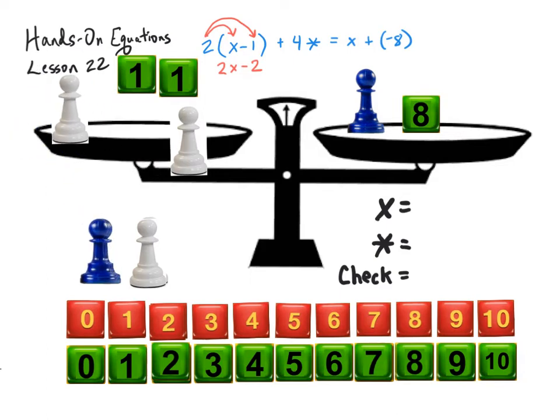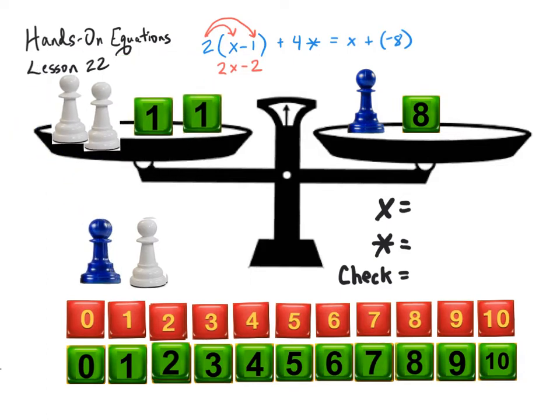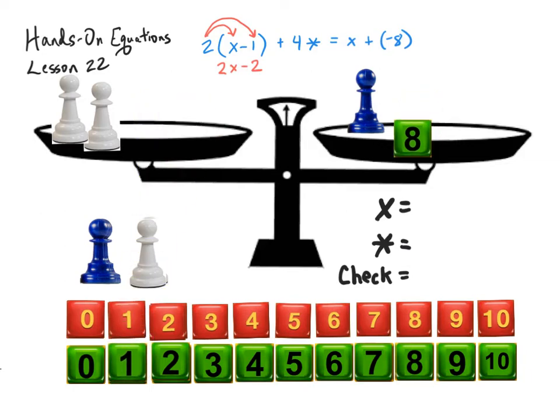Let me now rearrange my setup here. Next, I'm going to remove 2 of the negative 1s from both sides. So I'm going to remove these 2 negative 1s, and then I need to do the same thing from the 8. So if I remove 2 of those, I have 6 negatives. And then lastly, I want to try to get rid of this blue pawn, because I want the number cubes on one side and then the pawns on the other side.